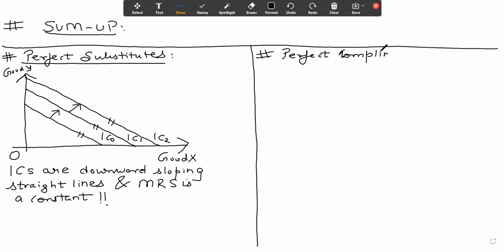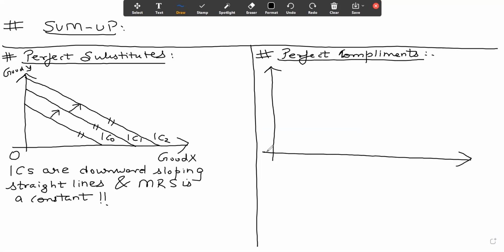Okay, in the case of perfect complements, if I plot the indifference curves, again this is our origin, good x and good y. Two goods are said to be perfect complements if they are consumed in a fixed ratio. So this is one indifference curve.